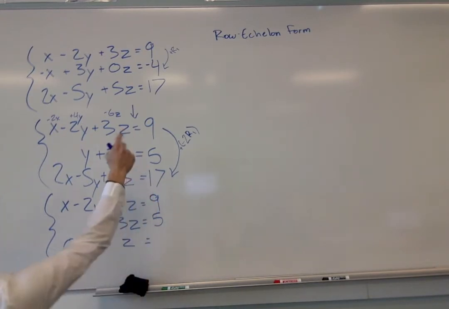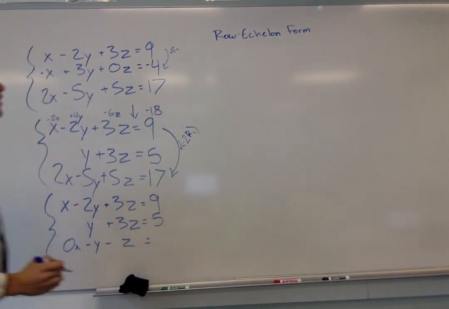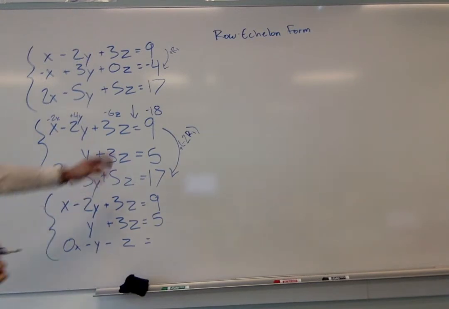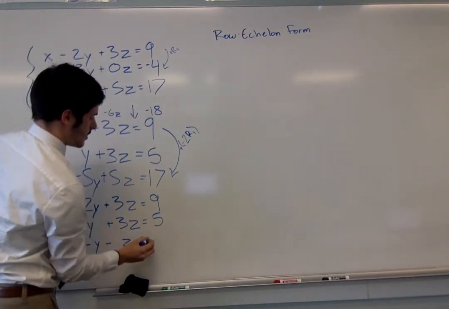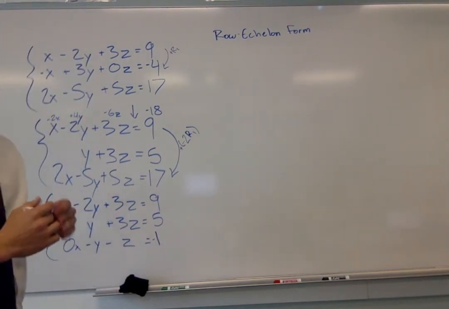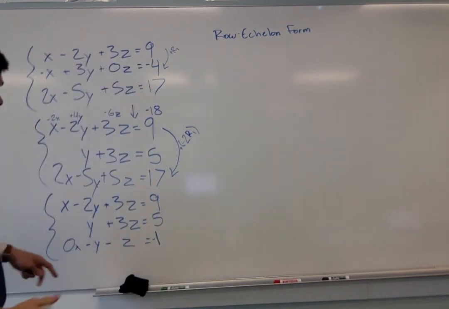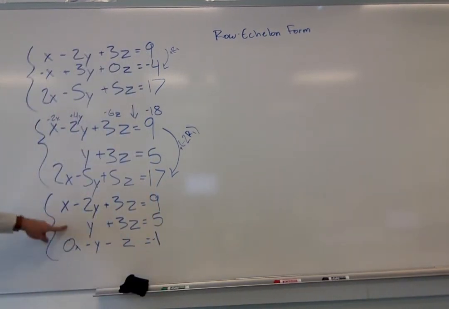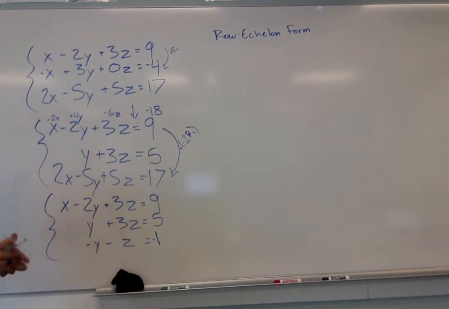And then 9, we're going to have to multiply by negative 2 as well to get negative 18. We're going to add that to 17, and we're just going to get negative 1. So we made another step, and we're pretty close. We can see that we don't have any x's here, we don't have any x's here, right? And so we just have to get rid of one of these two z's.